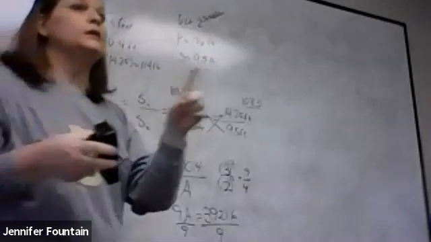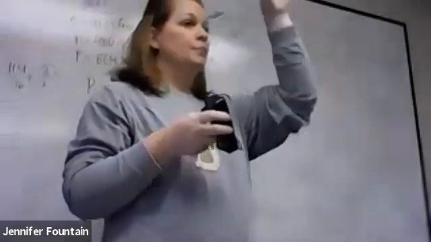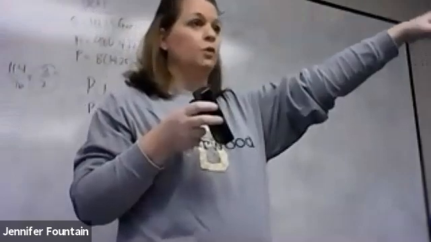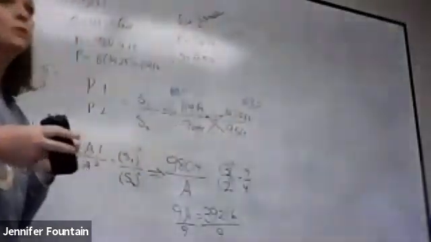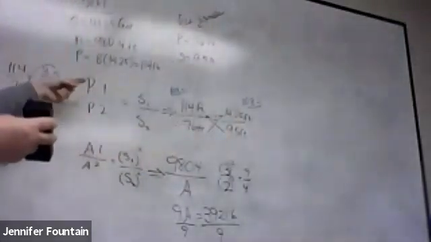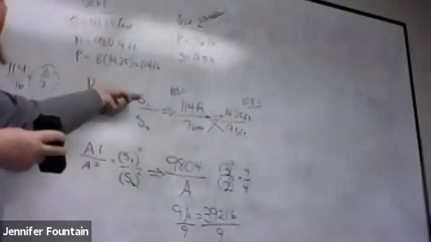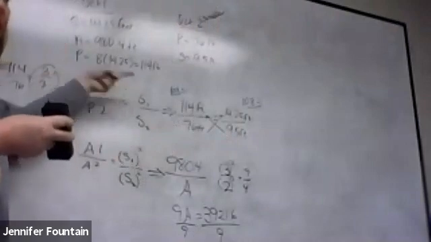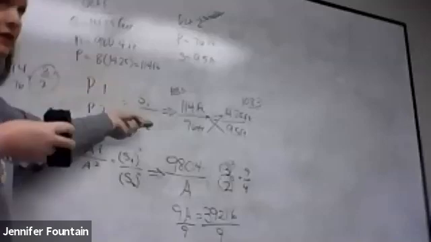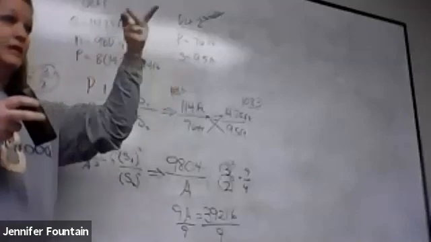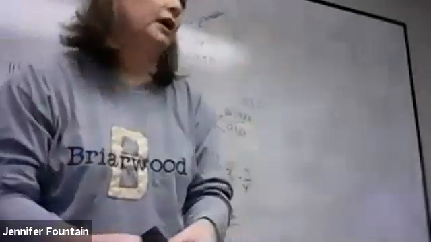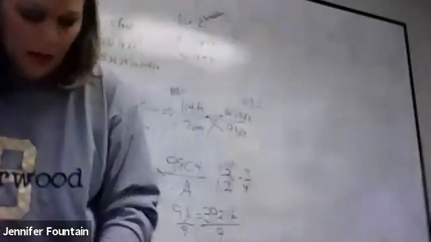That's the main thing you've got to make sure: when I put information in numerator 1, I'm putting corresponding information in numerator 2. So I couldn't flip-flop it and have the perimeter of 1 here and the side of 2 here. I couldn't have something about figure 1 here and figure 2 here. It has to be figure 1, figure 1, figure 2, figure 2. But again, it doesn't matter which one's in the top and which one's in the bottom, as long as they're in the same location each time.